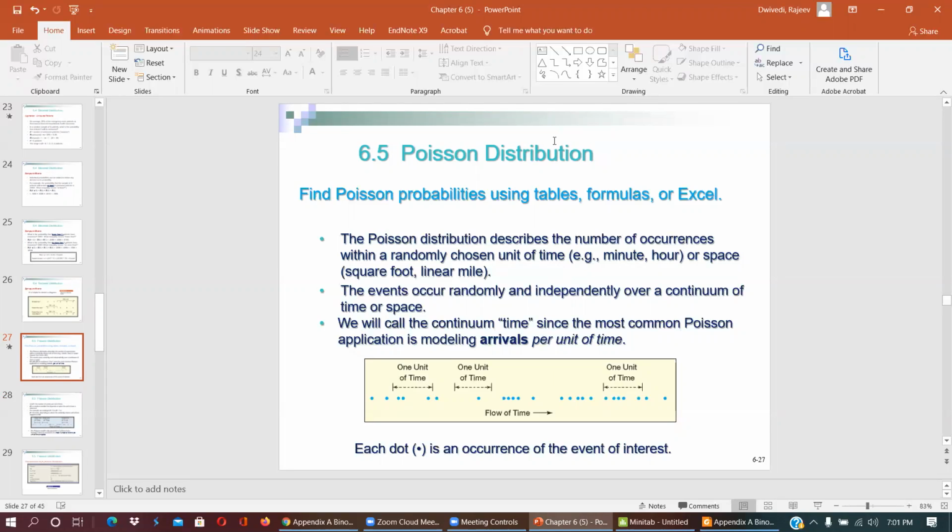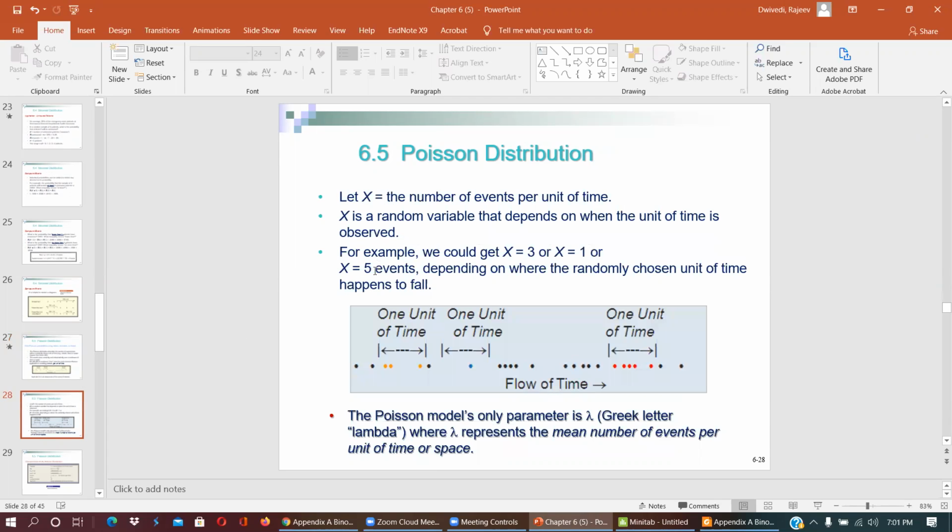This is the important one. How do we identify it? Whenever we have such a situation, we use it. Look at this: only lambda is the important parameter, and it represents the mean number of events per unit of time or space.